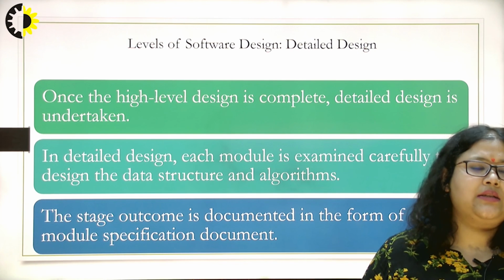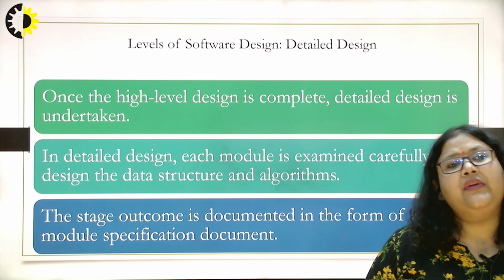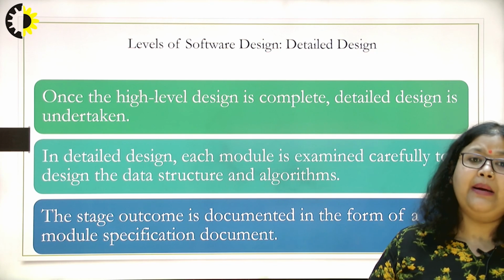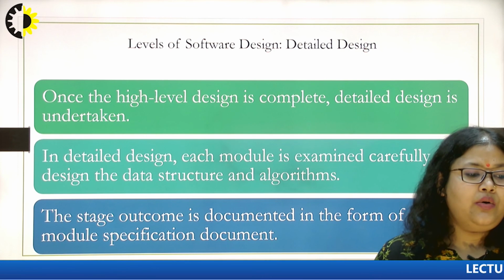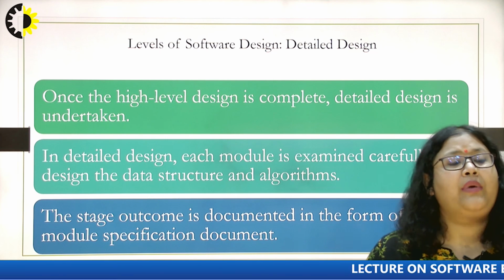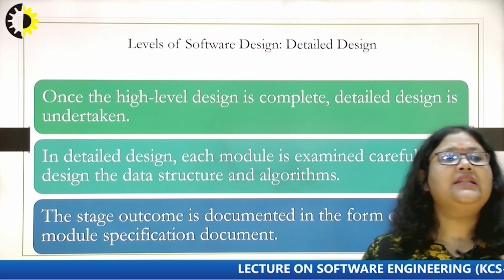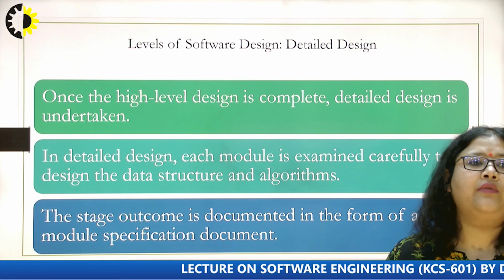Now, the last is the detailed design. Detailed design means something we have to define that is completed. No modules and nothing is left for documentation, nothing is left for designing, nothing is left for defining the concept of the document.